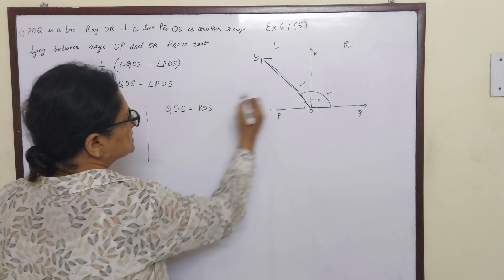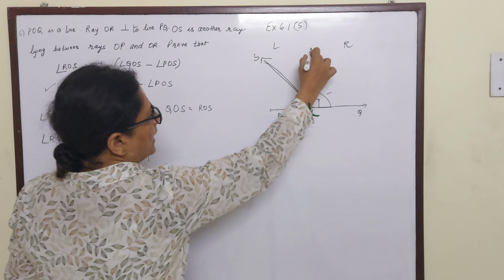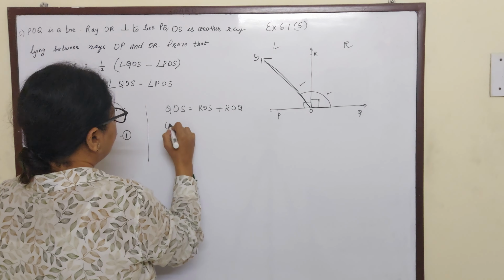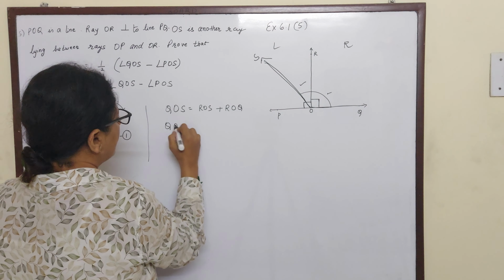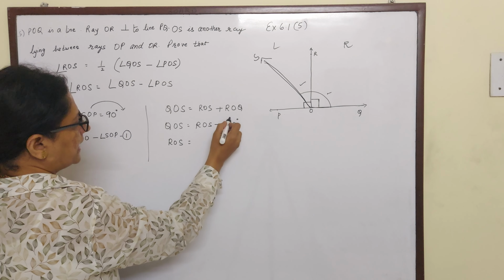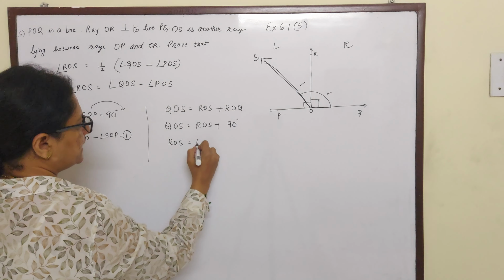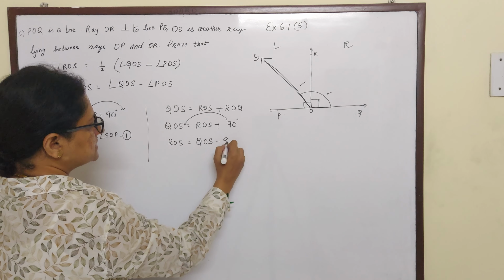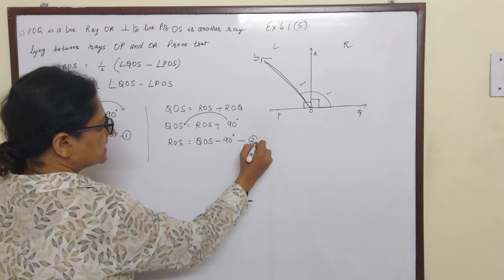ROS, that is this angle ROS, and ROQ. And we know that ROQ is 90 degrees. But what do we need? We need ROS. So ROS is equal to, if I bring 90 here, it will become minus 90. So QOS minus 90. So this is your second equation.